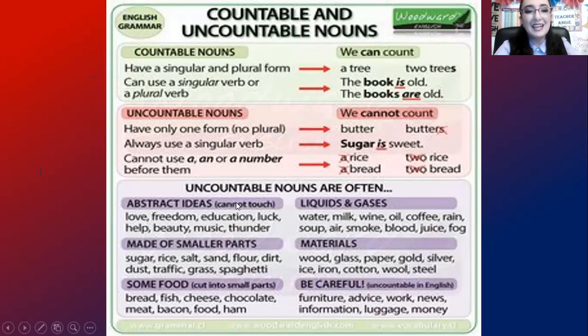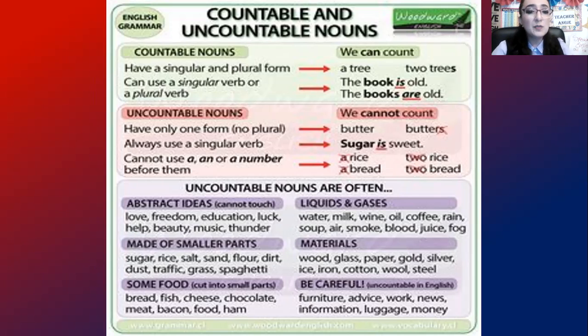We were saying that the countable nouns always are going to have a singular and plural form, and you can use a singular verb or a plural verb with them. On the other hand, the uncountable nouns are not going to have a plural form for the verb.